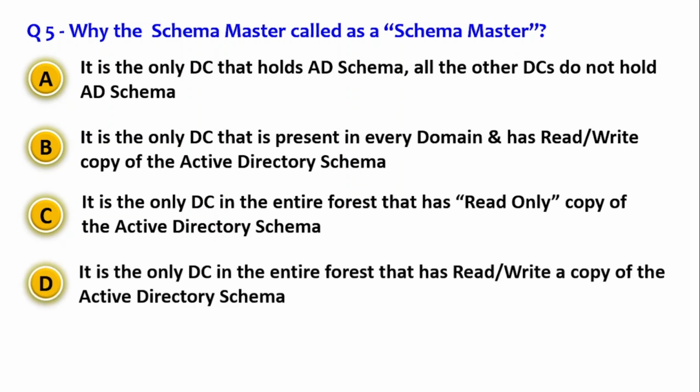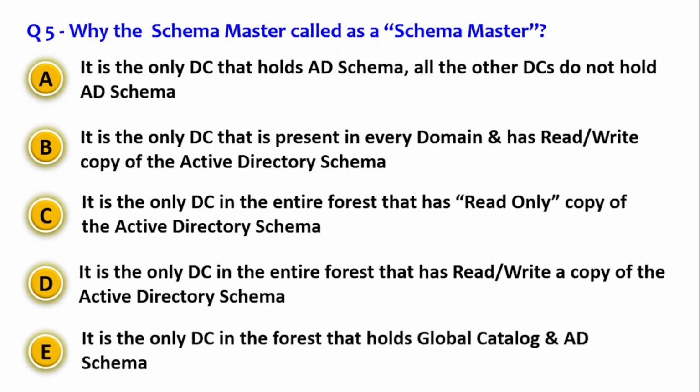Option D, it is the only domain controller in the entire forest that has read-write copy of Active Directory schema. And option E, it is the only domain controller in the forest that holds global catalog and Active Directory schema. So these are the 5 options why the Schema Master domain controller is called as the Schema Master.